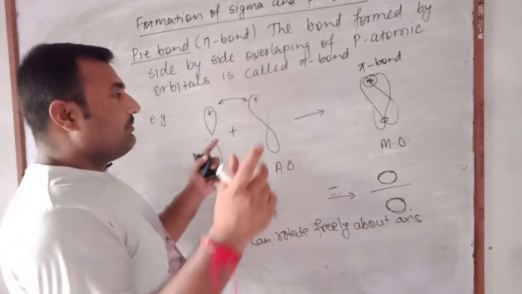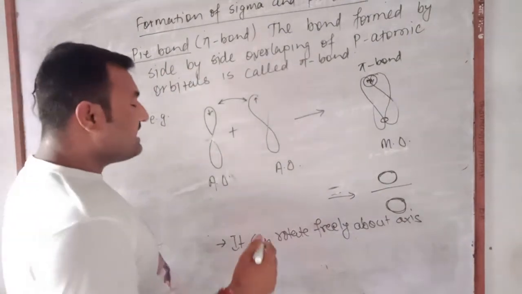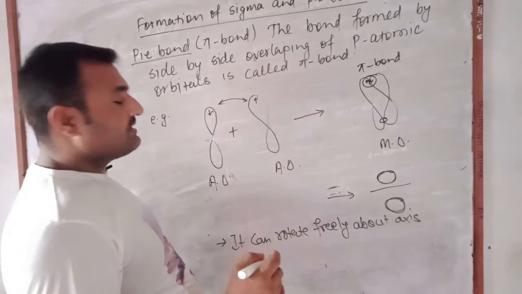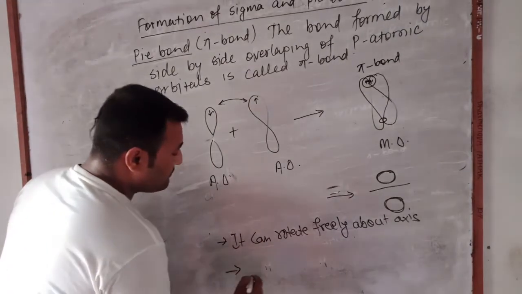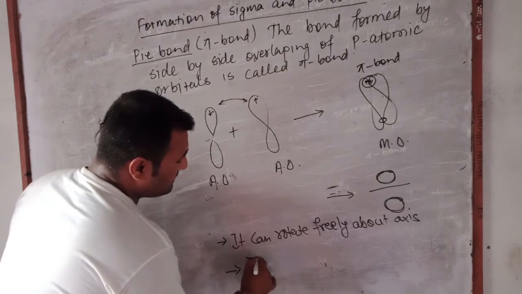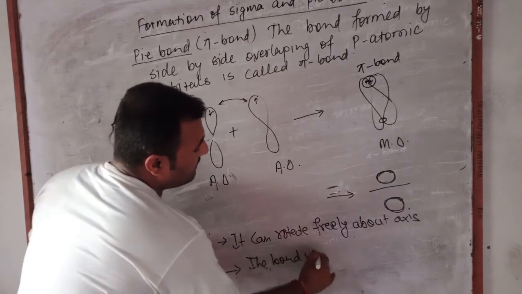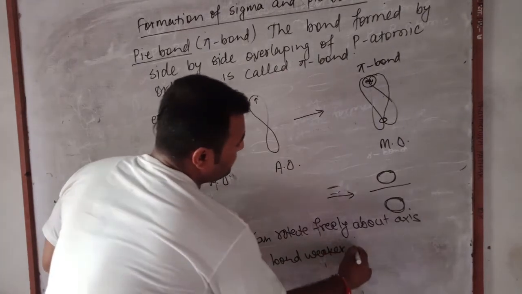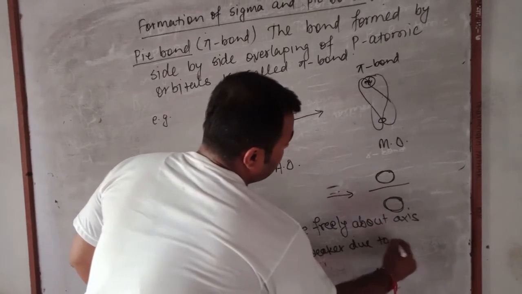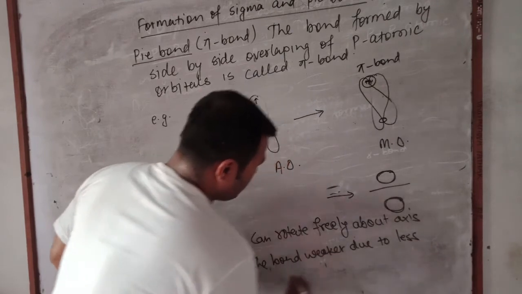While overlapping side by side, a lesser extent of overlapping takes place, and in this way such a type of bond is weaker due to less overlapping.